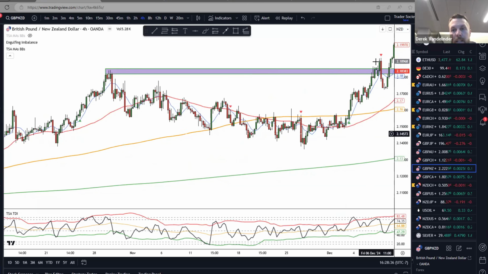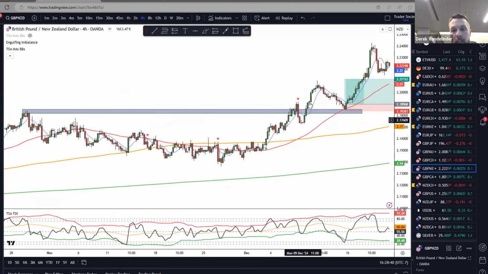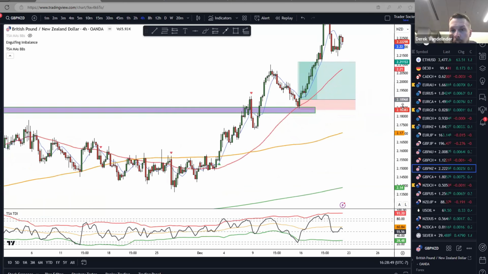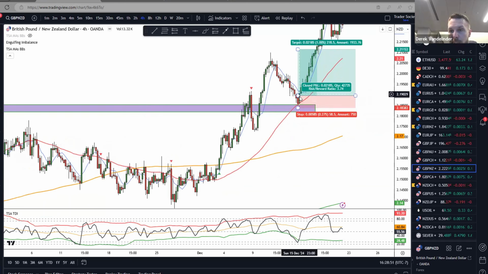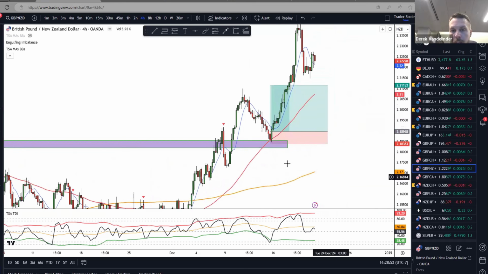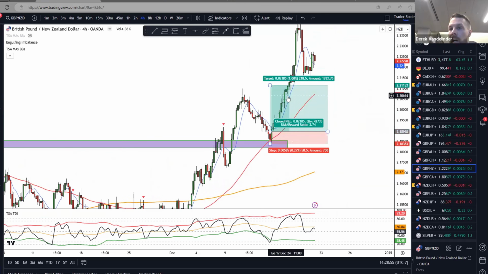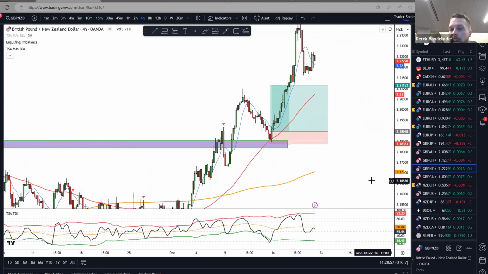Once we break this area and close above it, like we clearly closed above that area right here, now what I want to look for is that break of structure and then the retest of structure and then my engulfing candle again. So we have that 4-hour engulfing candle right off that 50 and the thing just took off.